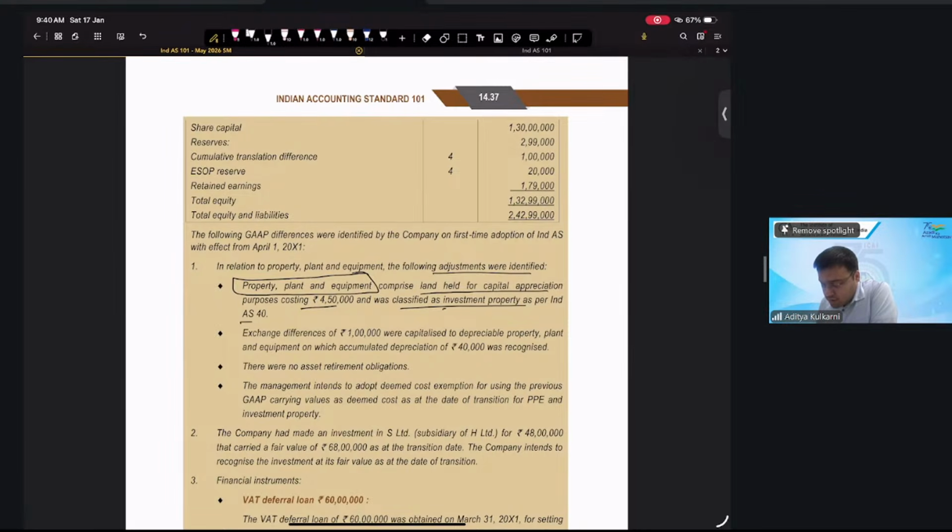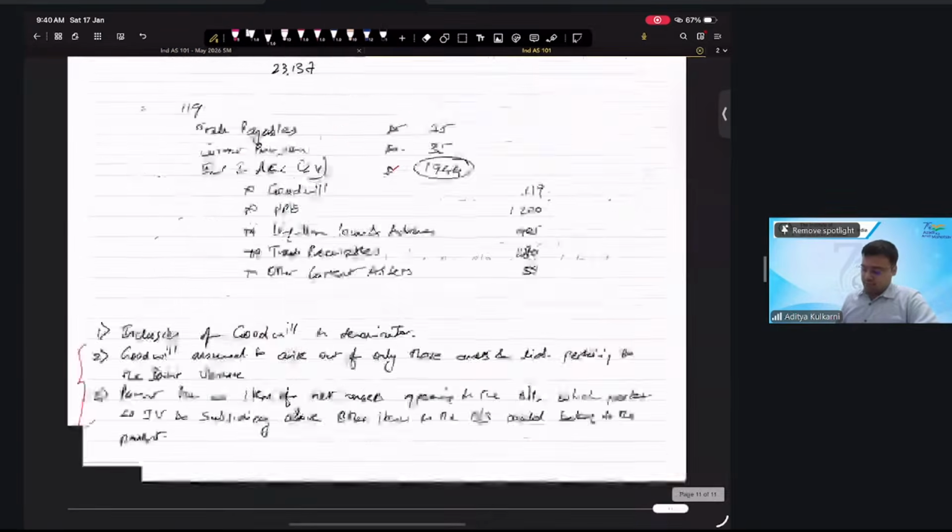Now where it should go? It should go under investment property. So this is which kind of an adjustment? Is this a remeasurement adjustment or a reclassification adjustment? A reclassification. This is a reclassification adjustment.